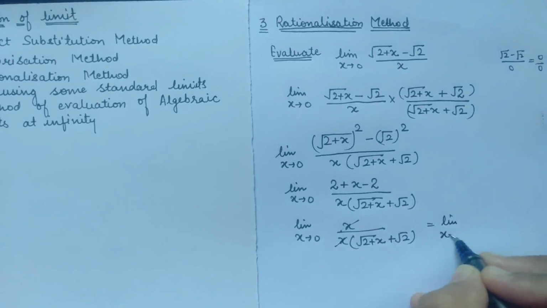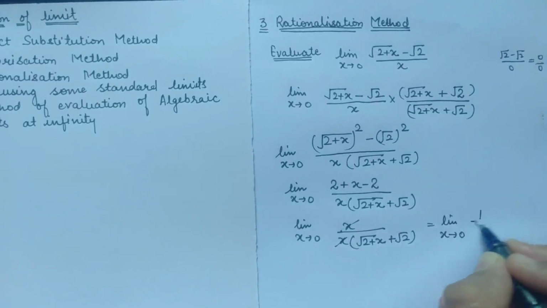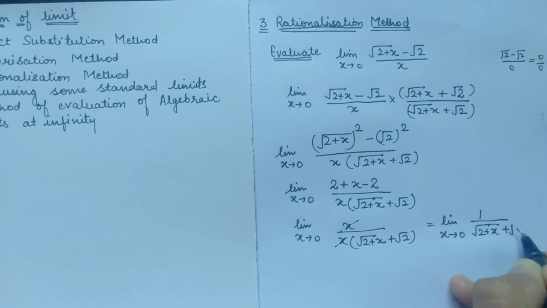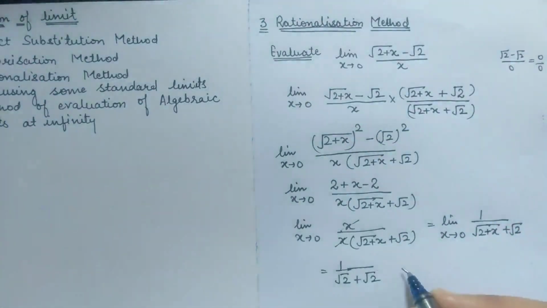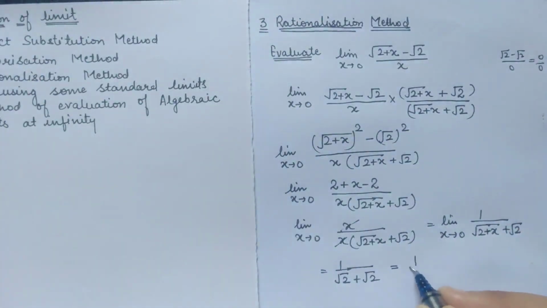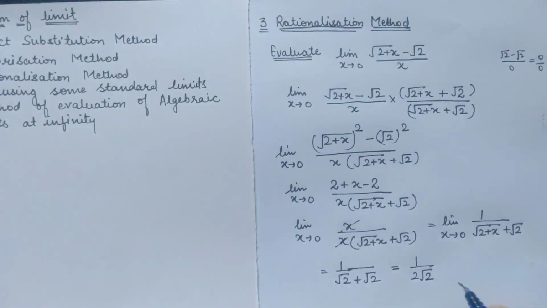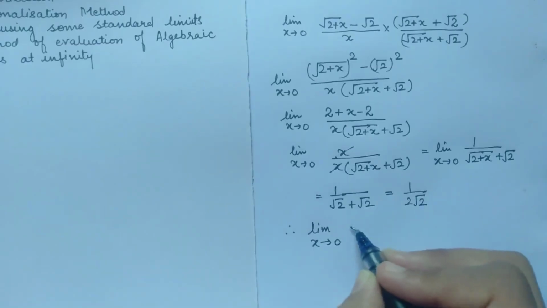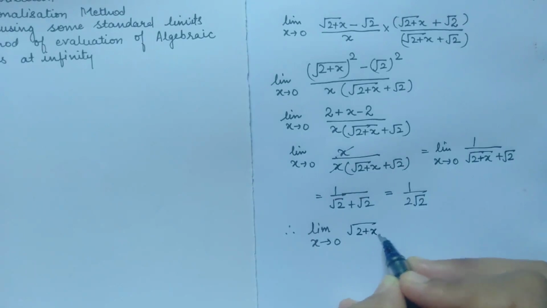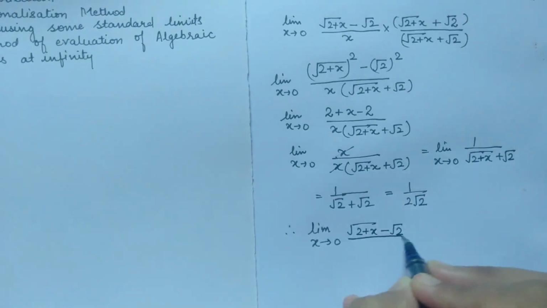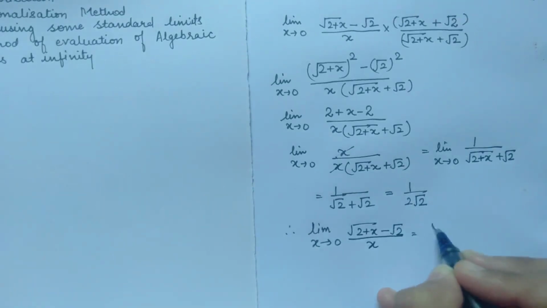It will become limit x tends to 0, 1 divided by (root of 2 plus x plus root 2), and we will apply the limit. It will become 1 divided by (root 2 plus root 2), so it will become 2 root 2. Therefore, limit x tends to 0, (root of 2 plus x minus root 2) divided by x is 1 divided by 2 root 2.